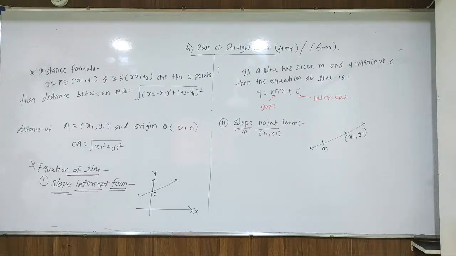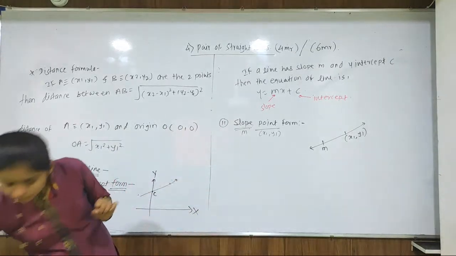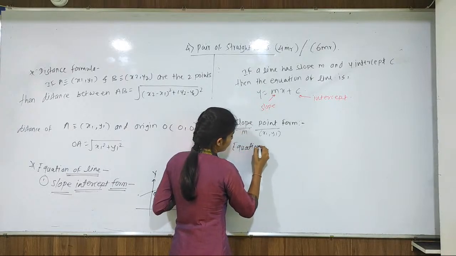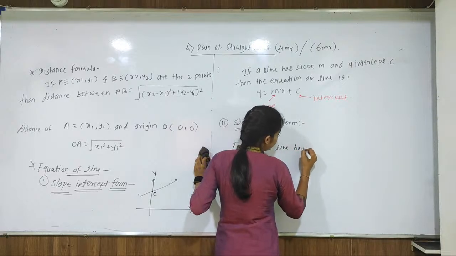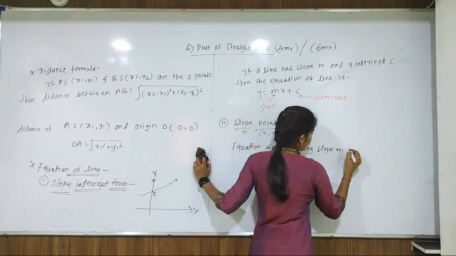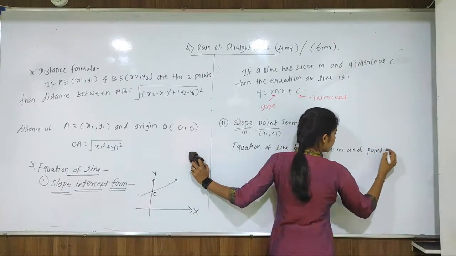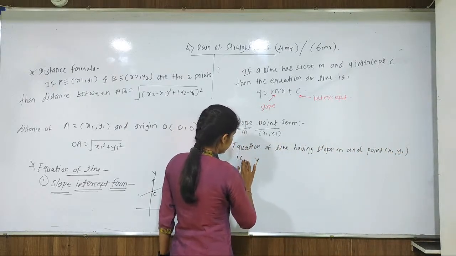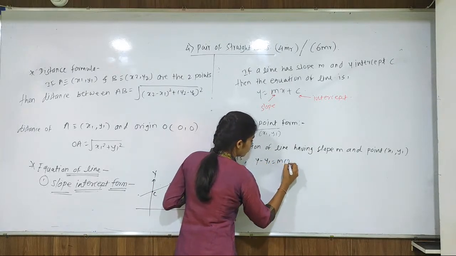Slope point form: equation of line having slope m and point x1, y1 is y minus y1 is equals to m into x minus x1.